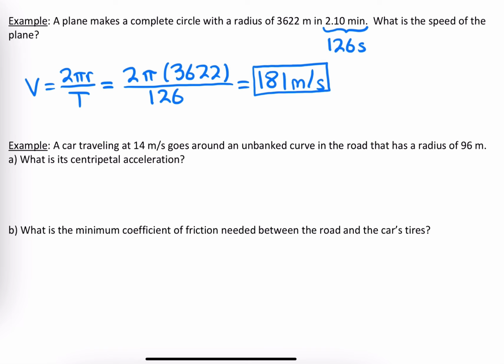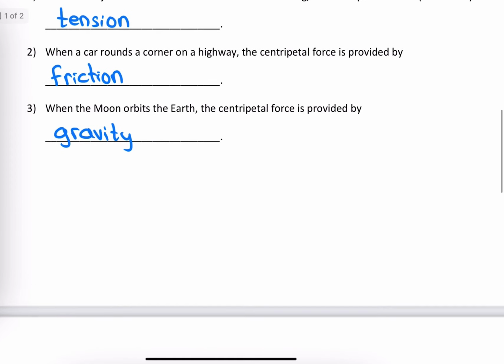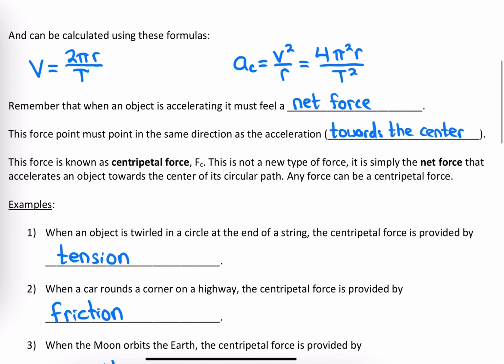Okay, that was kind of our simplest formula, and it was a simple scenario. Let's look at something a little more complicated. A car is traveling at 14 meters per second. It goes around an unbanked curve in the road that has a radius of 96 meters. What's its centripetal acceleration? Okay, well, our formula for centripetal acceleration was this.